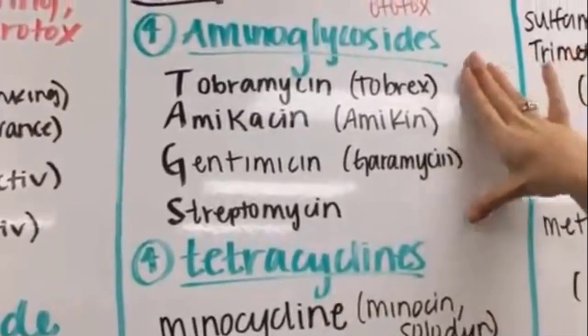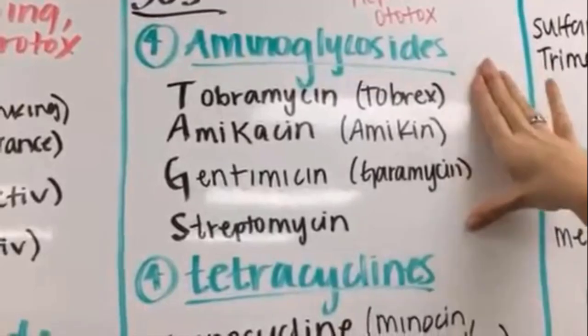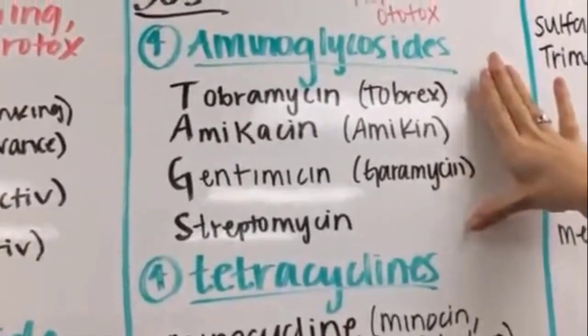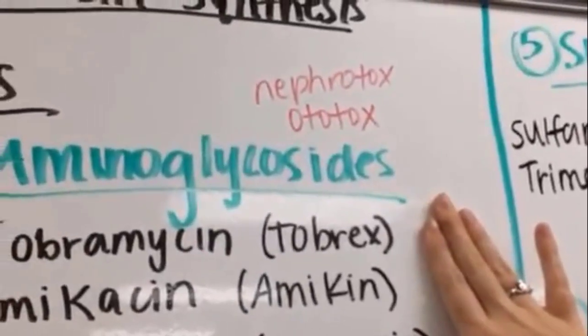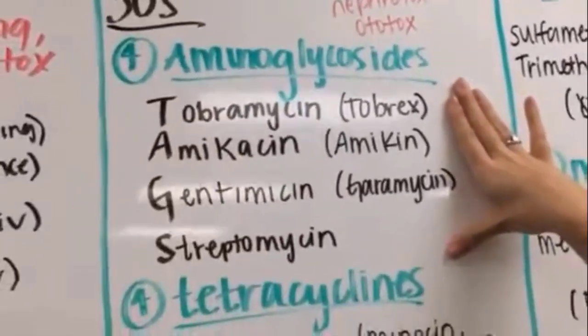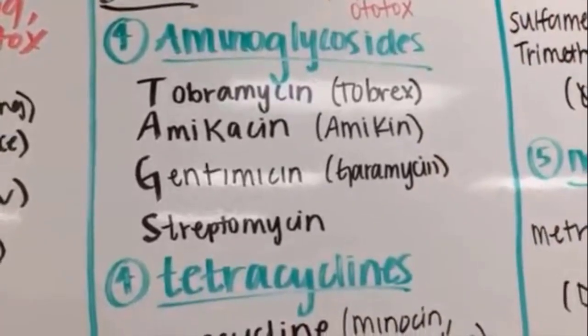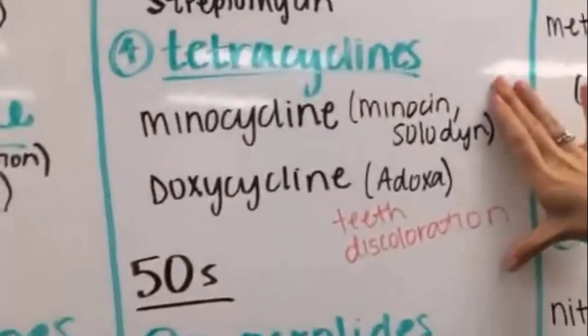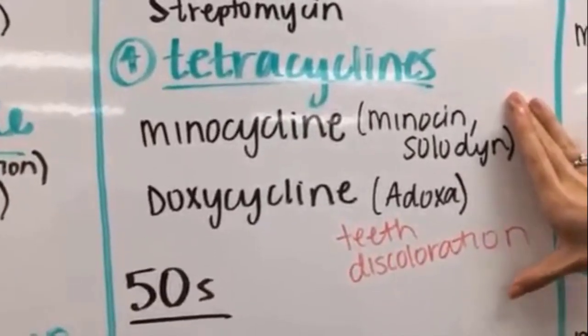And these really, I like to focus on toxicity. So nephrotoxic and ototoxic. So these are primarily not used as first-line medications. They're used kind of more last line for more severe infections when a lot of our other indications haven't worked. Then we have our tetracyclines, and the two that I picked out here are going to be the minocycline and the doxycycline.